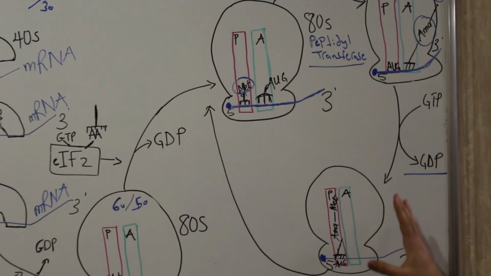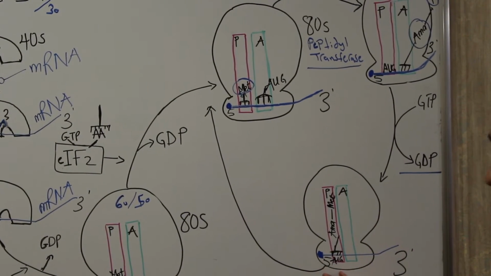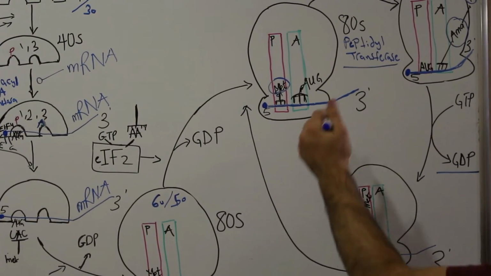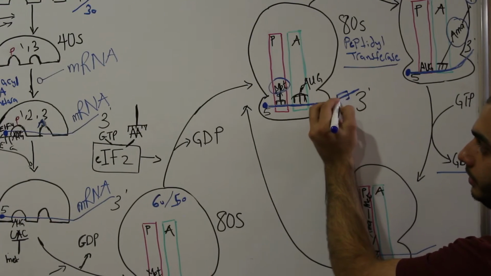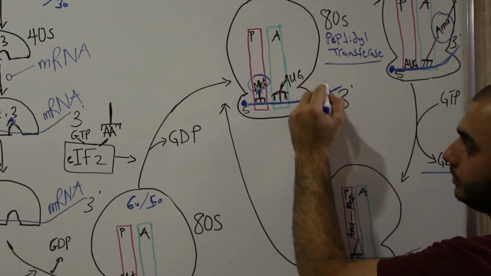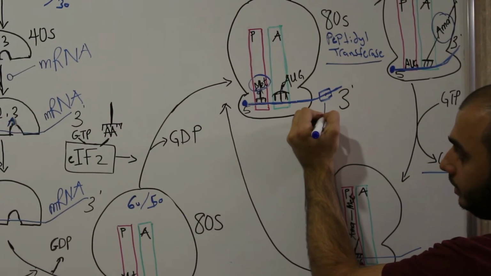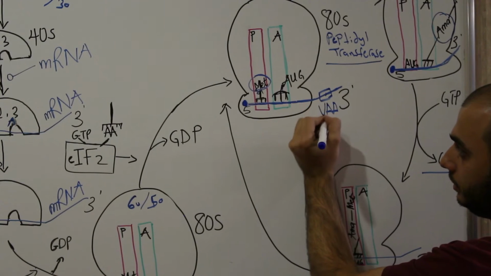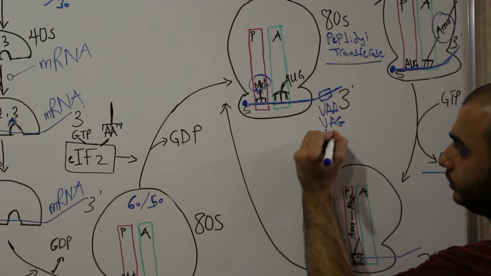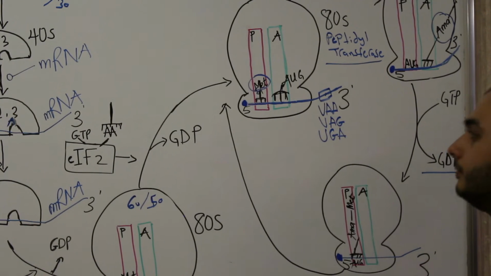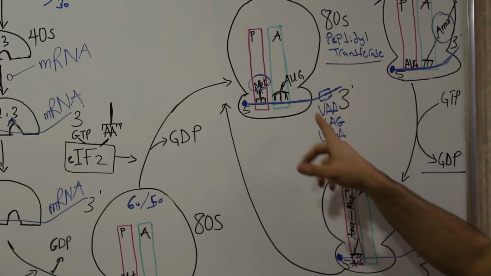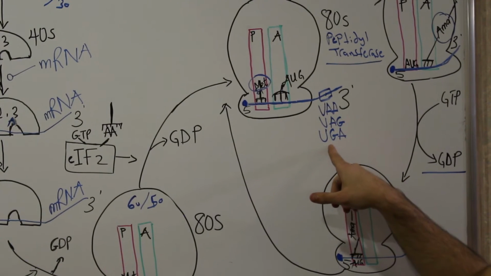So this is the last step in elongation, but it keeps going in cycle until the A place reaches, for example, UAA or UAG or UGA, one of these codons.